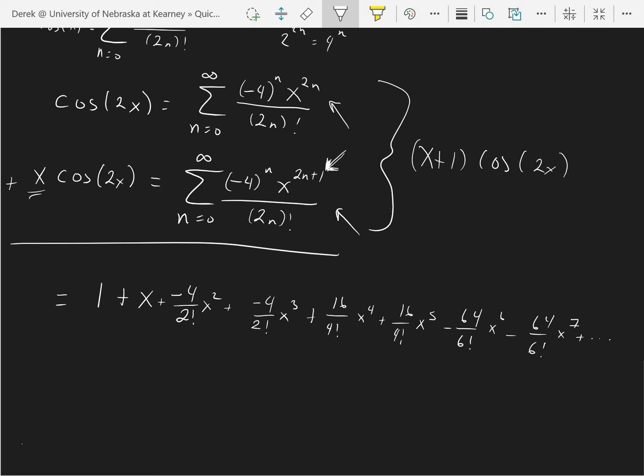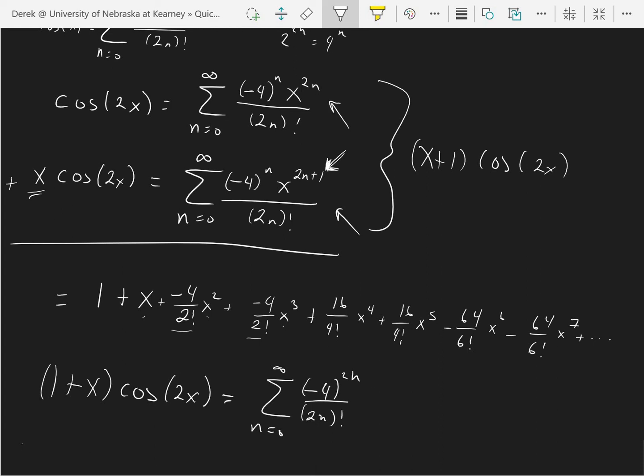I could spend a little bit of time and use maybe a floor function, but we might as well just write this then as 1 plus x times the cosine of 2x is equal to, well, I've got the same coefficient on x to the 0 and x to the 1st, and then x to the 2nd and x to the 3rd, so I'm just going to combine those things as the sum from n equals 0 to infinity of negative 4 to the 2n over 2n factorial times x to the 2n plus x to the 2n plus 1.